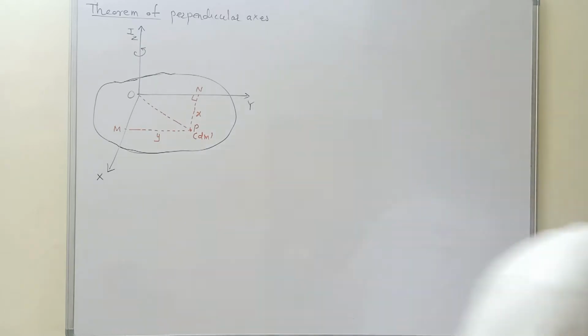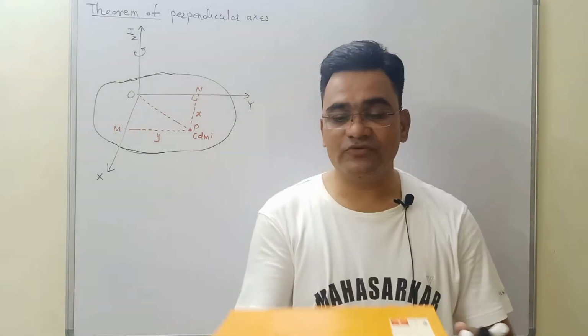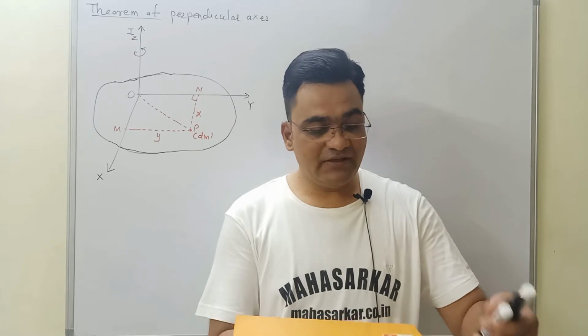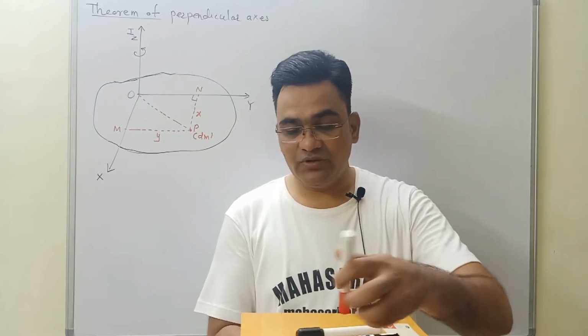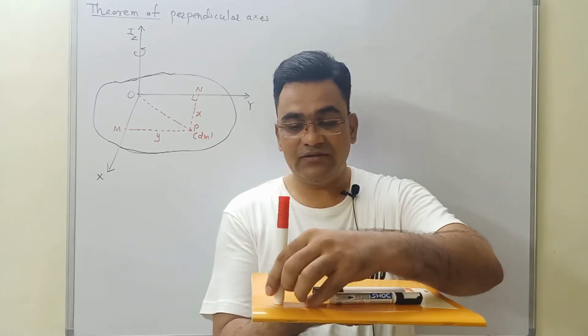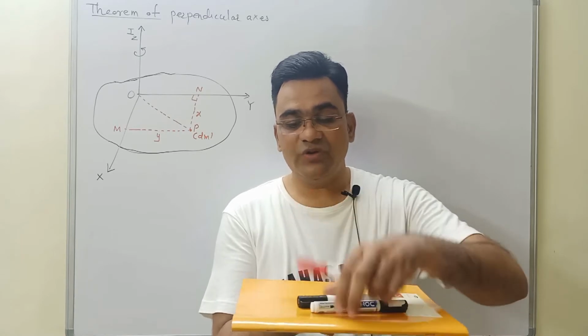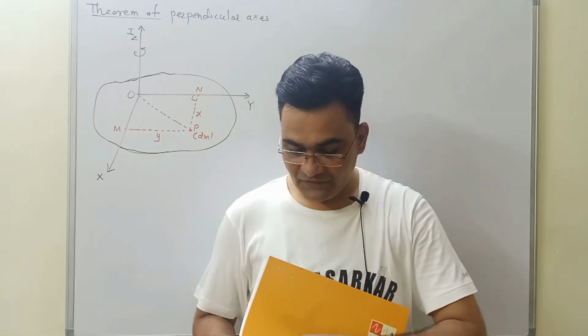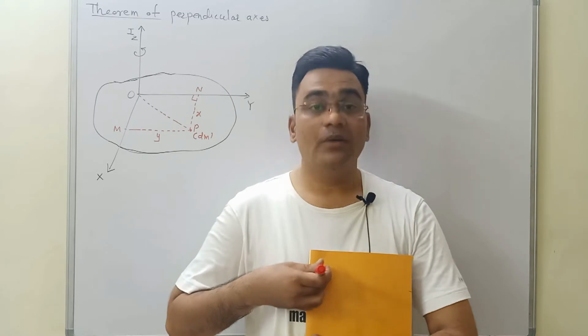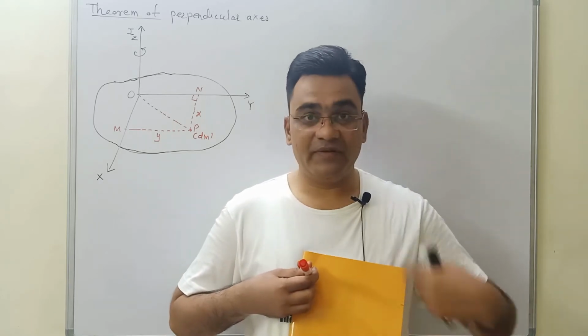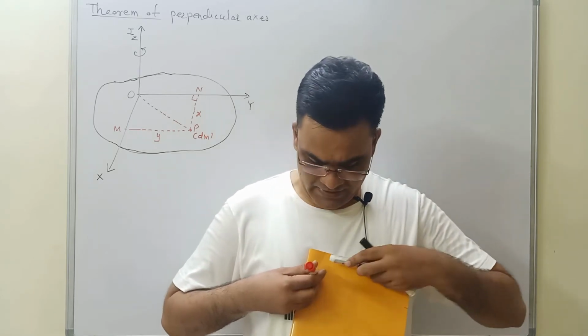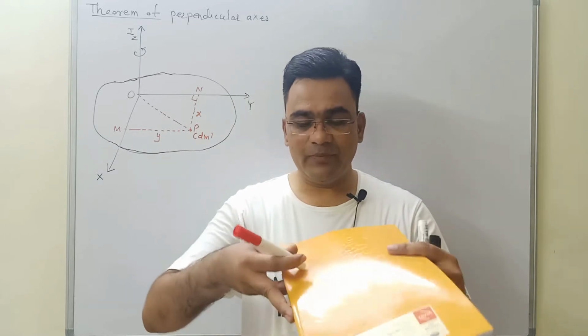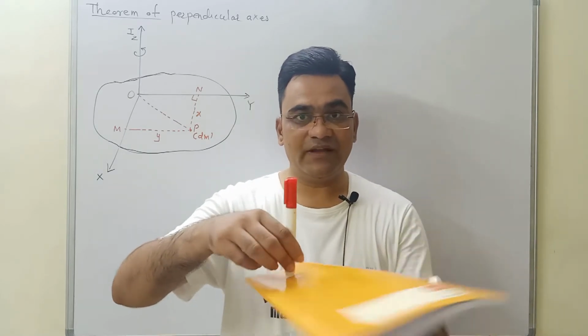For example, suppose a plane laminar body, and this red marker indicates the axis of rotation which is perpendicular to the surface. The second axis: this notebook may be rotating around this axis like that.